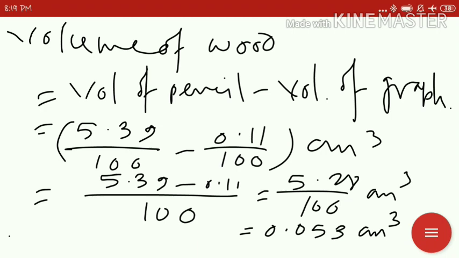That's the answer for the volume of the wood. So here we have done our last problem, problem number 8. Quite simple, and I hope it matched your answer.